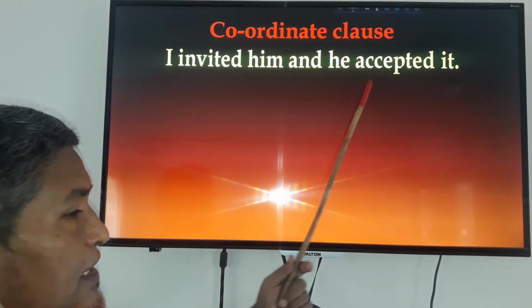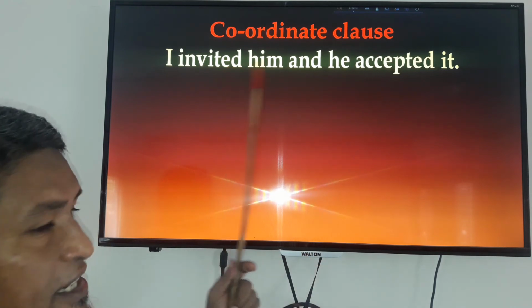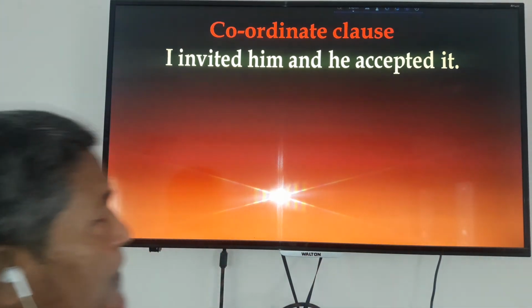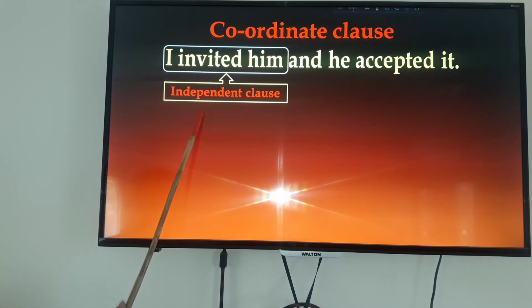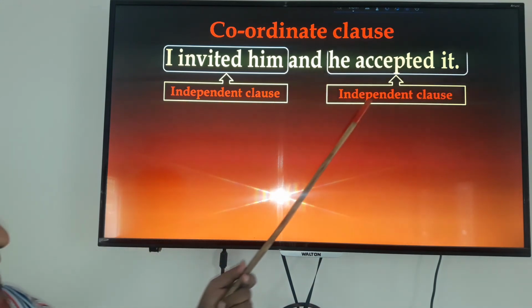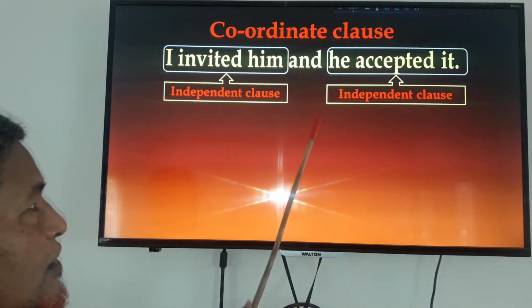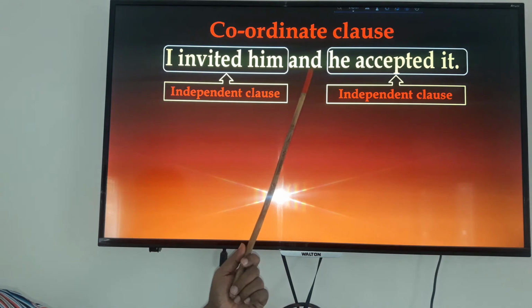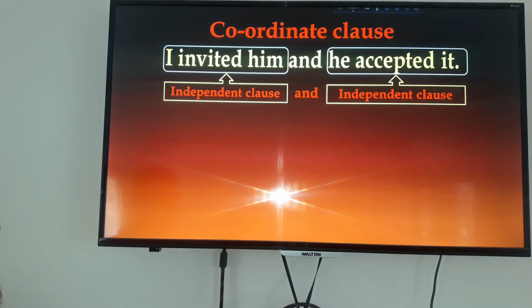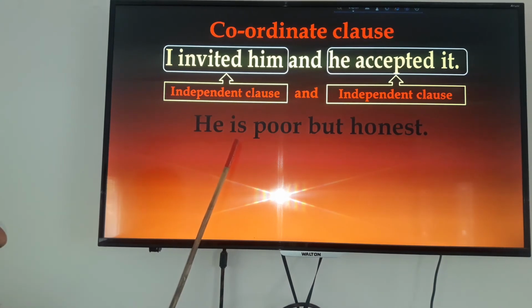Both parts of the conjunction are independent clauses. Two independent clauses are formed with the help of the conjunction.